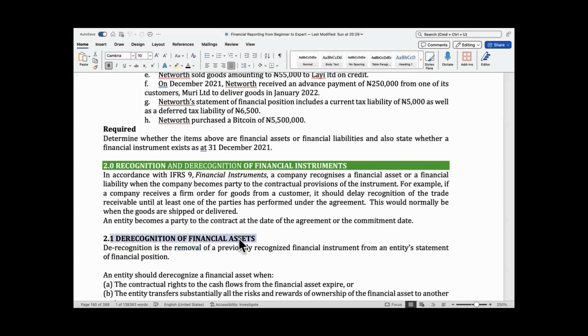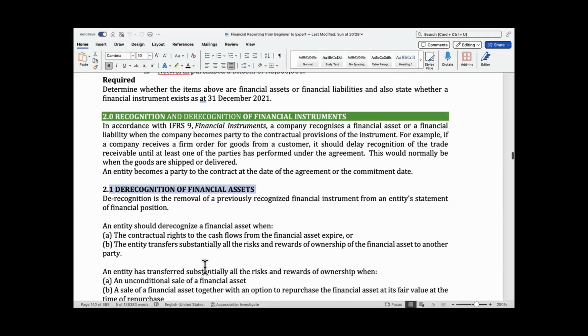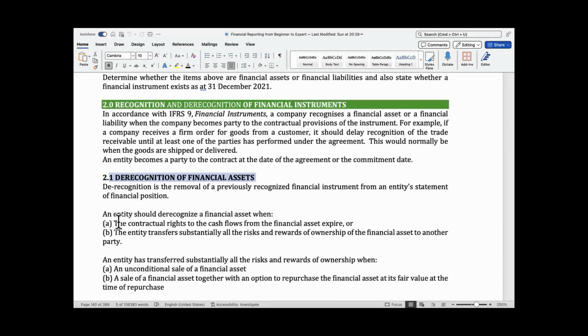So the derecognition of financial asset can only occur if the contractual right to the cash flows have expired, and if the entity has transferred substantially all the risk and reward of ownership of the financial asset to another party.